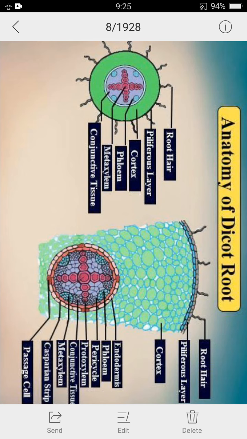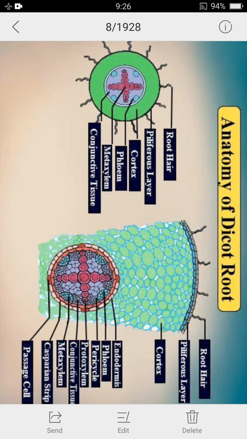The cortex consists of several layers of thin-walled parenchyma cells with intercellular spaces. If you see the diagram, the green colored tissue is called cortex, with thin-walled parenchyma with intercellular spaces. The innermost layer of the cortex is called endodermis.